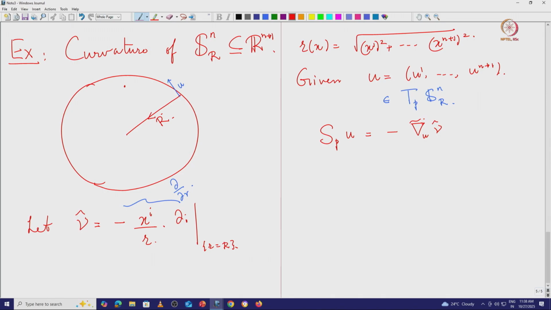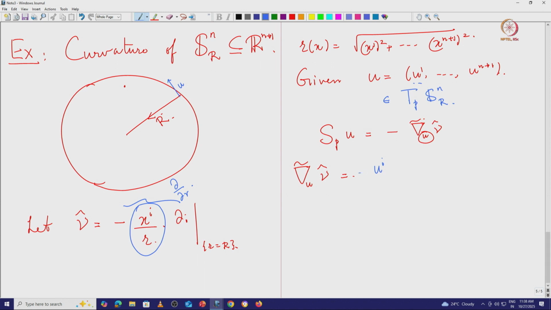Now covariant derivatives in R^(n+1) are basically just component wise derivatives. So you just take the component wise derivative with respect to u. So one can easily check, when you take the component wise derivative, you will of course differentiate xi, the derivative of xi with respect to this vector will basically just capture the ith coordinate of that vector. So that will be ui.